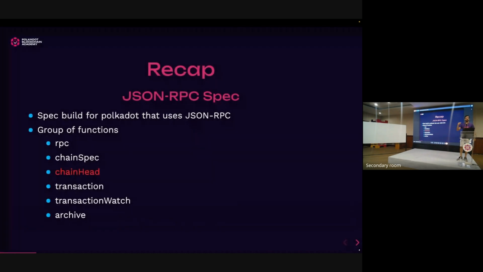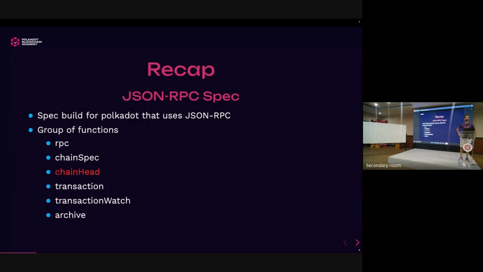No. When you make a call, you can call just one of the functions inside the group, right? The group only says that the node has to implement all of the functions inside that group.